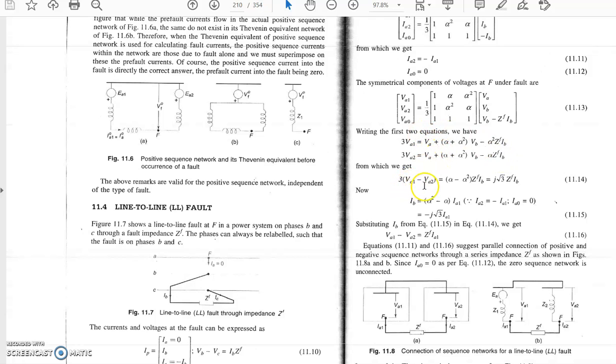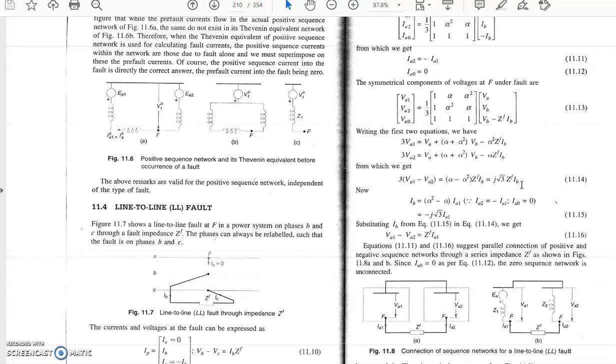It will become 3(VA1 minus VA2) equal to alpha VA minus VA, so VA will cancel. The alpha minus alpha square terms will also cancel, only this term will remain. It will become alpha minus alpha square into ZF IB. We know that 1 plus alpha plus alpha square equals 0, so the value of alpha minus alpha square is equal to j root 3, into ZF IB.